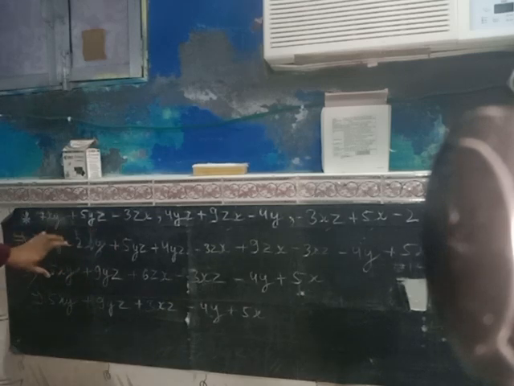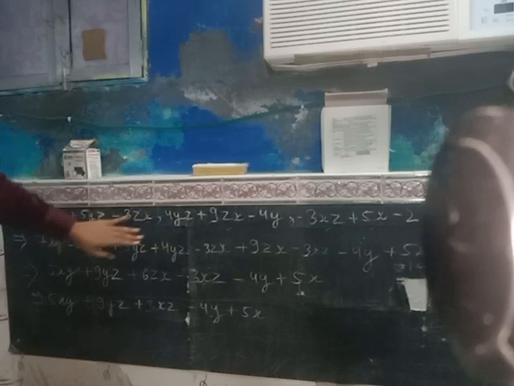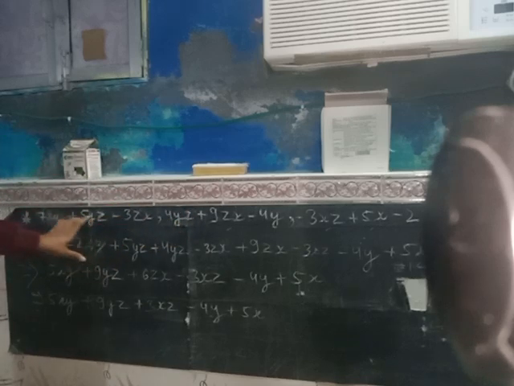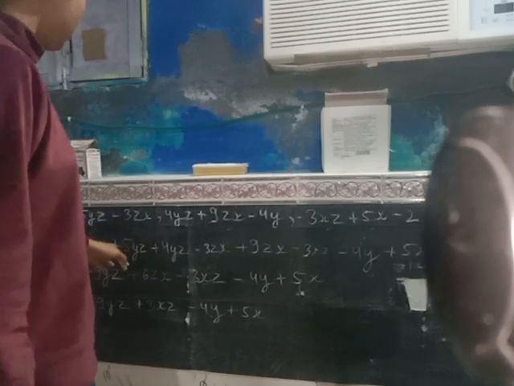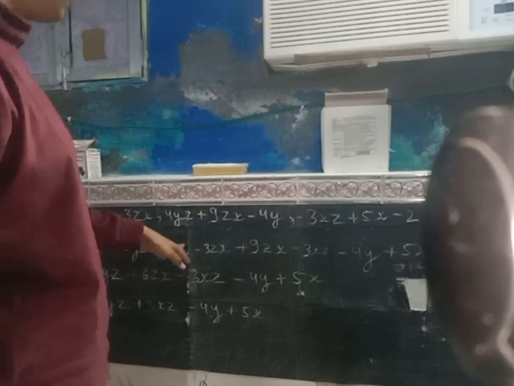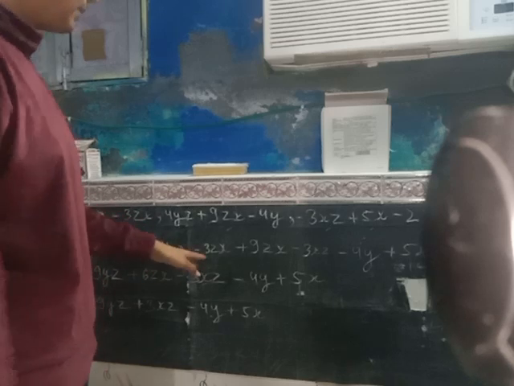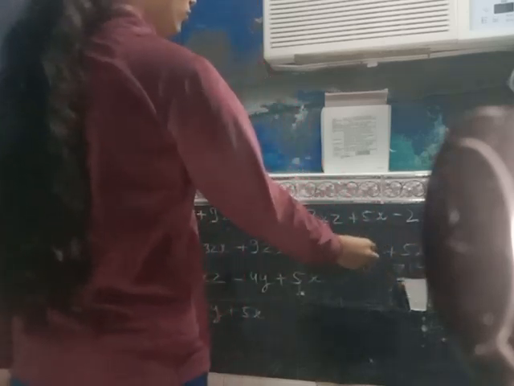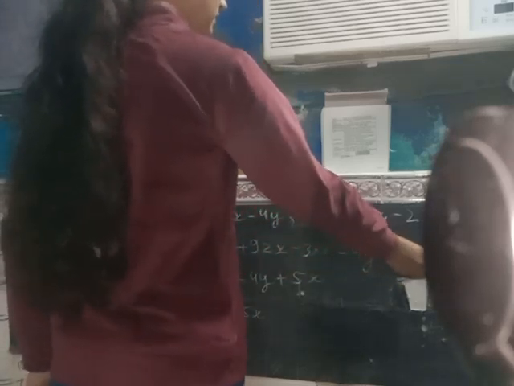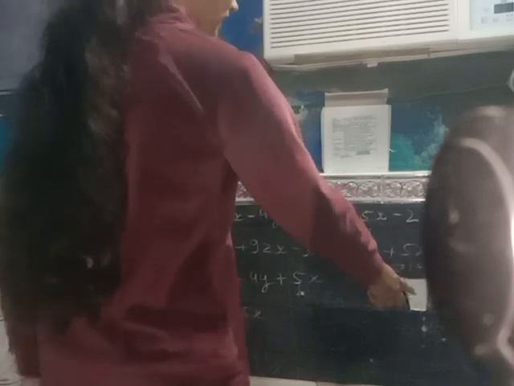So first I put like terms in one place, like 7xy minus 2xy, then 5yz plus 4yz, and then the like terms of xz. And 4y and 5x are not like terms, they are unlike terms.